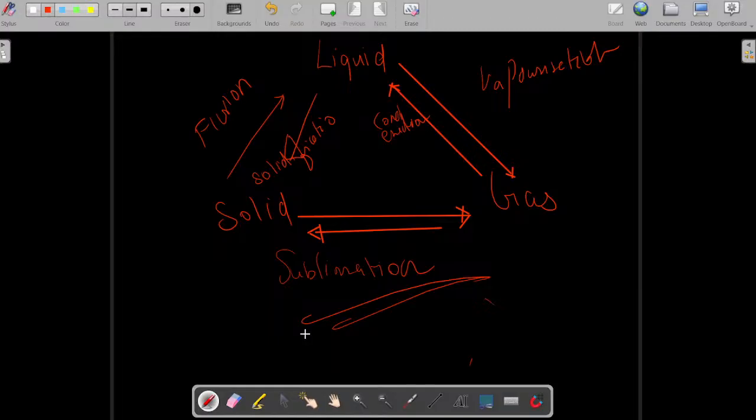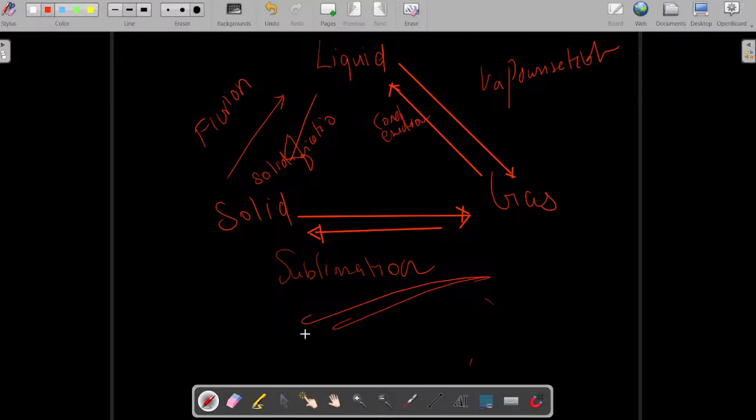Now latent heat of fusion. What is latent heat? The heat energy required to change the state of a substance without causing any rise in the temperature of the substance is called latent heat. Latent heat of fusion is the heat energy required to convert 1 kilogram of solid into liquid at atmospheric pressure.